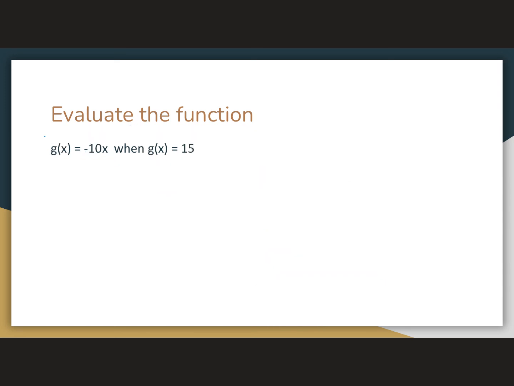We have the same thing here. Evaluate g of x equals negative 10x when g of x equals 15. Again, you are replacing g of x with 15. So I have 15 equals negative 10x. Pause the video and take a minute to try to find the answer. Okay, hopefully you have.